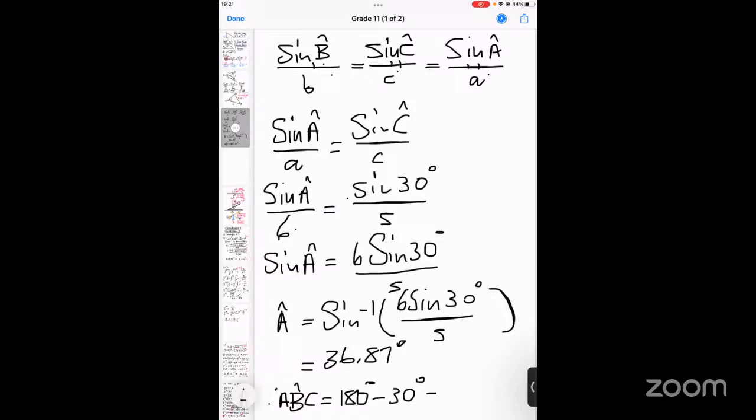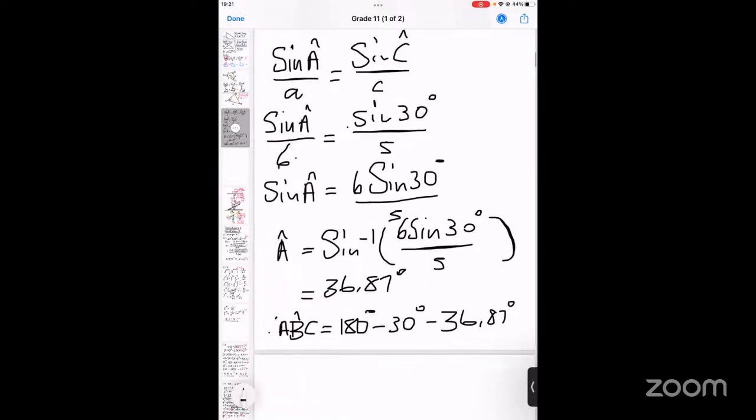Okay, so that means I will. Then what is angle B? 113.13 degrees. So that's how you would calculate that angle B.